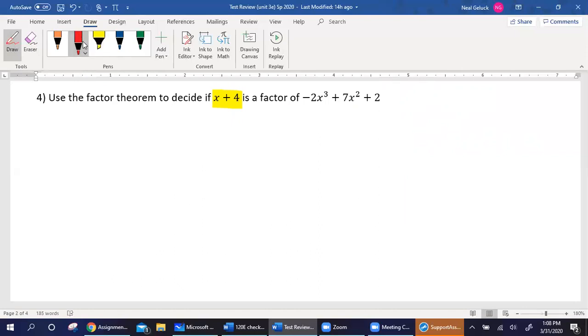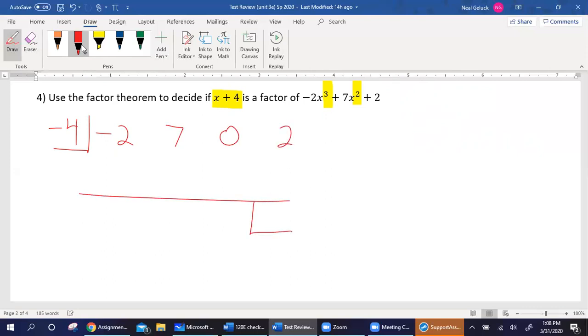So that means I have to switch the sign to -4. Note that my powers do not decrease by 1 every time. I go 3, 2. There is no x to the 1st. So there's going to have to be a placeholder in there. So -2, 7, 0, 2.